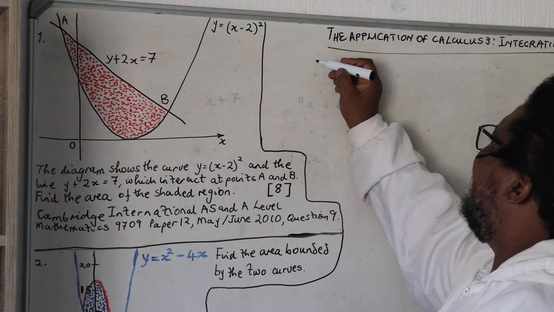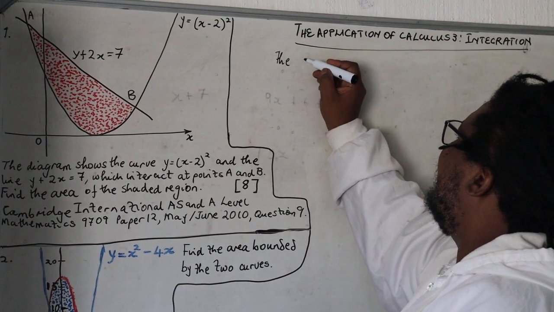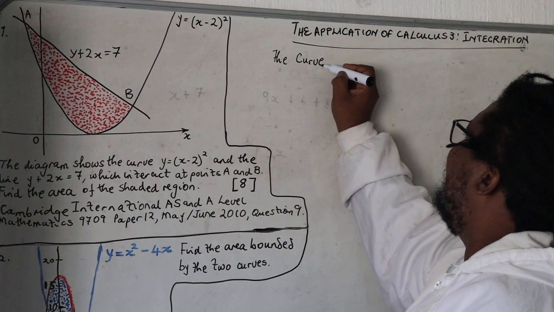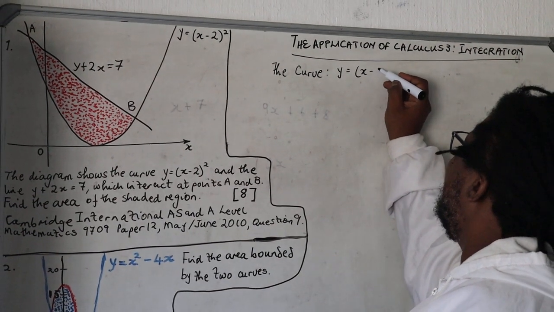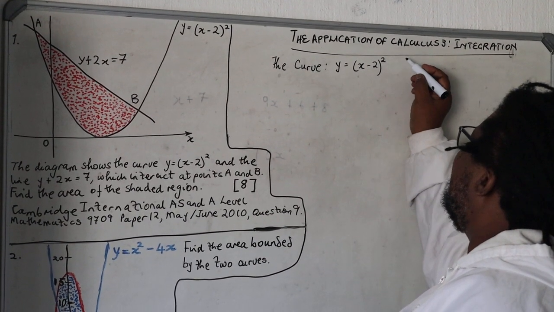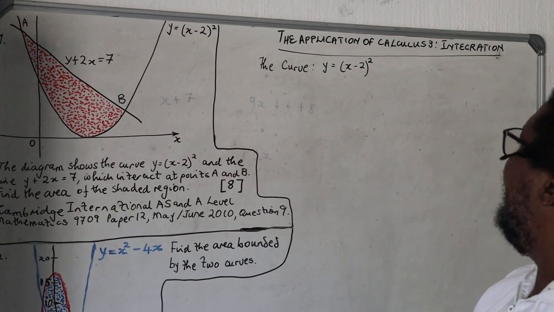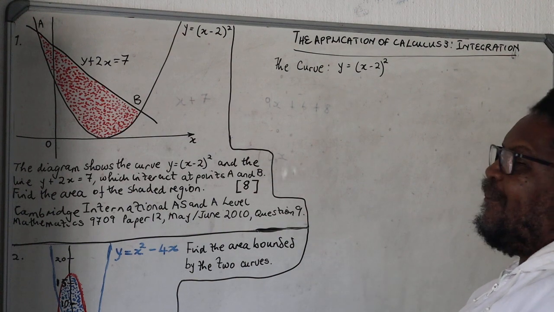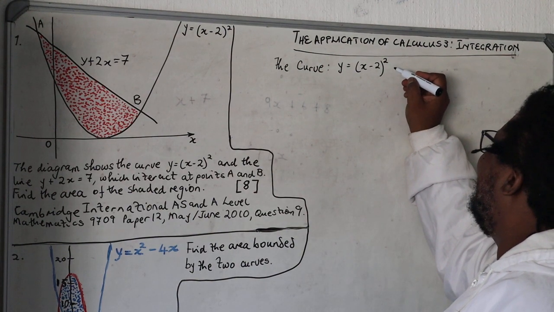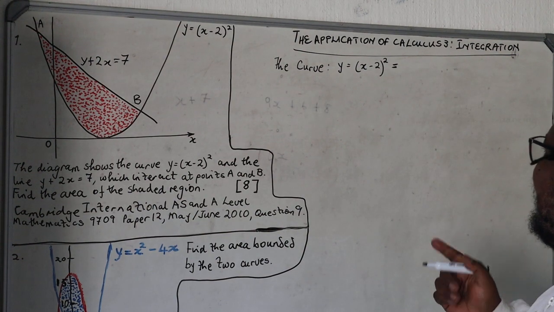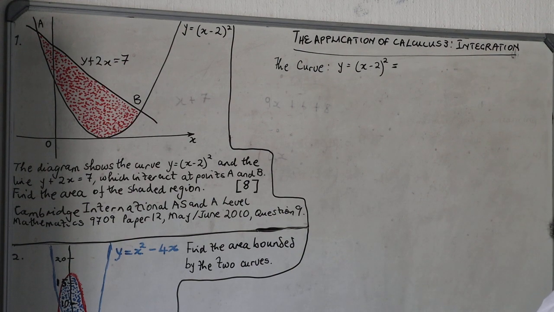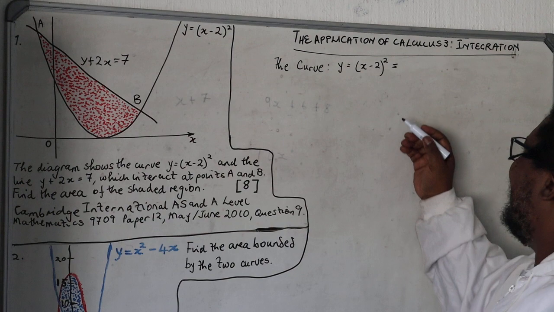So here we have the curve, which is y is equal to (x minus 2) squared, and this is a binomial expansion. The trick to expanding this is not necessarily to put 2 brackets of x minus 2 and multiply one by one. Once you are seasoned in dealing with binomial expansions and mathematics in general, you will see that there is a trick to expanding this.